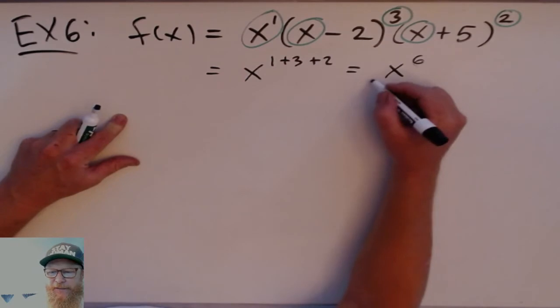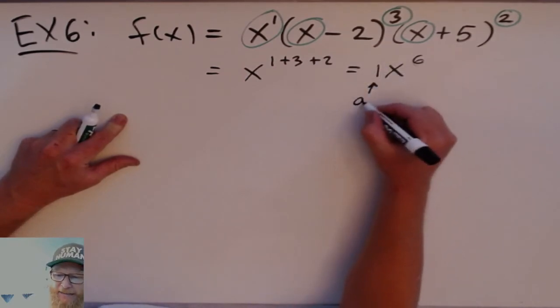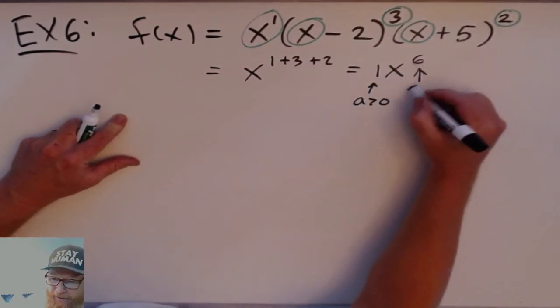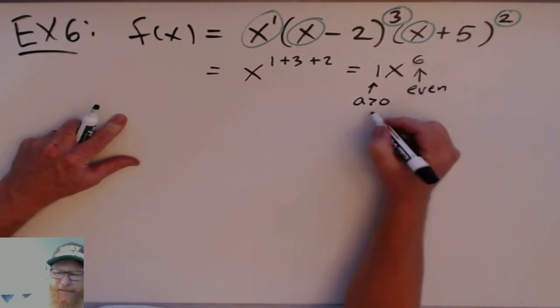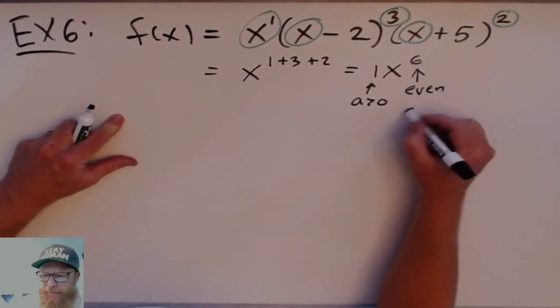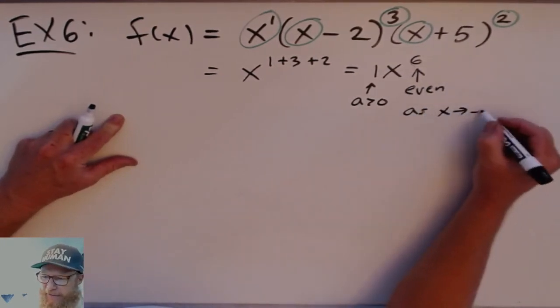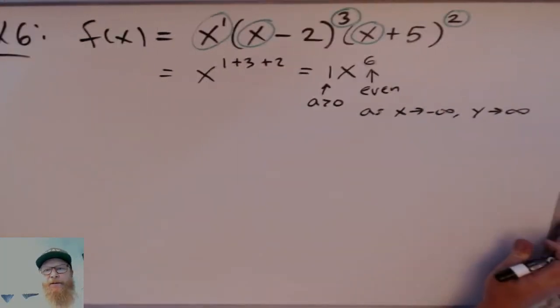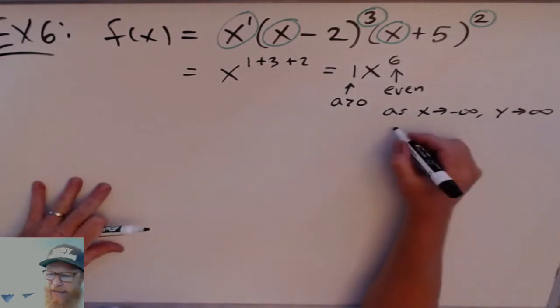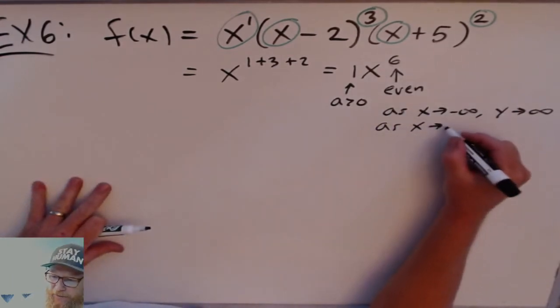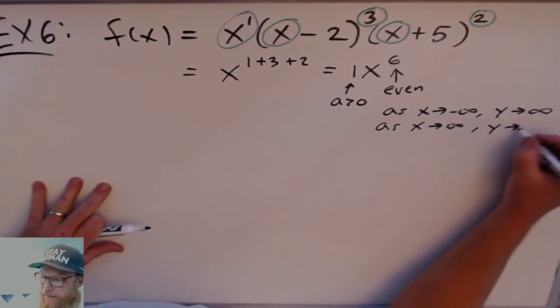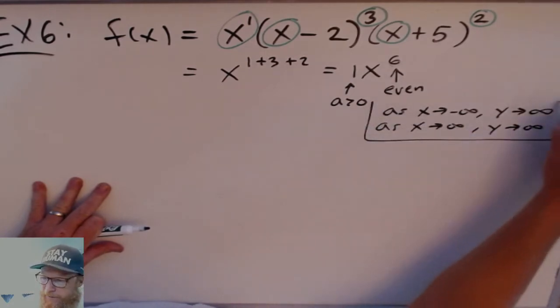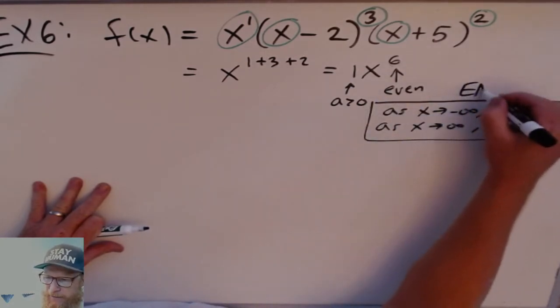All right, so this is technically a positive 1 and another even power, same as last time. So as x goes to negative infinity, this time y is going to go up to positive infinity. And as x goes to positive infinity, y is still going to go up to positive infinity. So there's your end behavior.